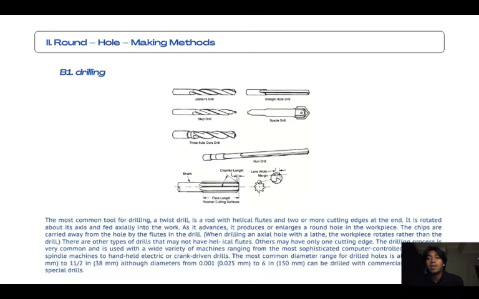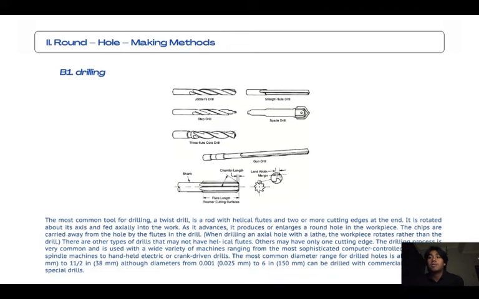Others may have only one cutting edge. The drilling process is very common and is used with a wide variety of machines, ranging from the most sophisticated computer controlled or multiple spindle machines to handheld electric or crank-driven drills.